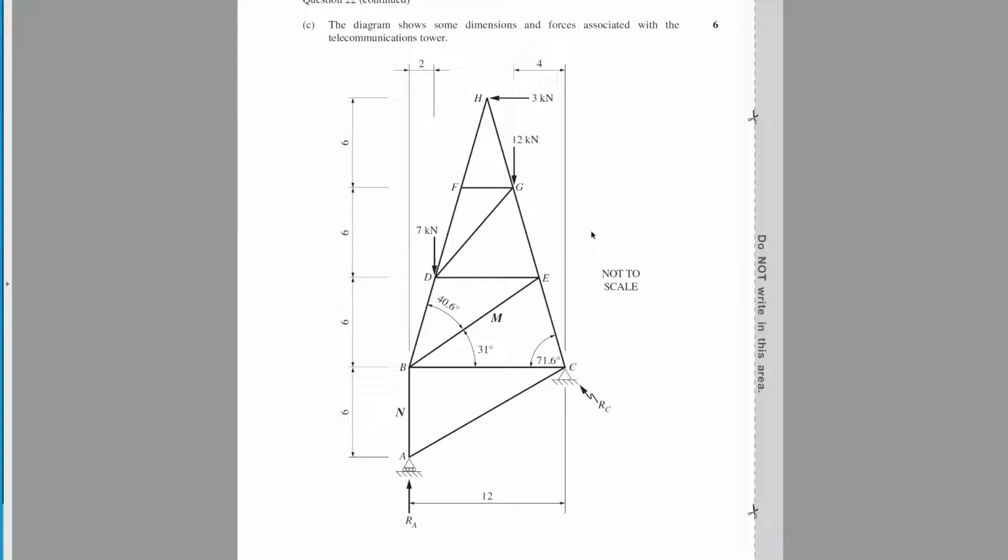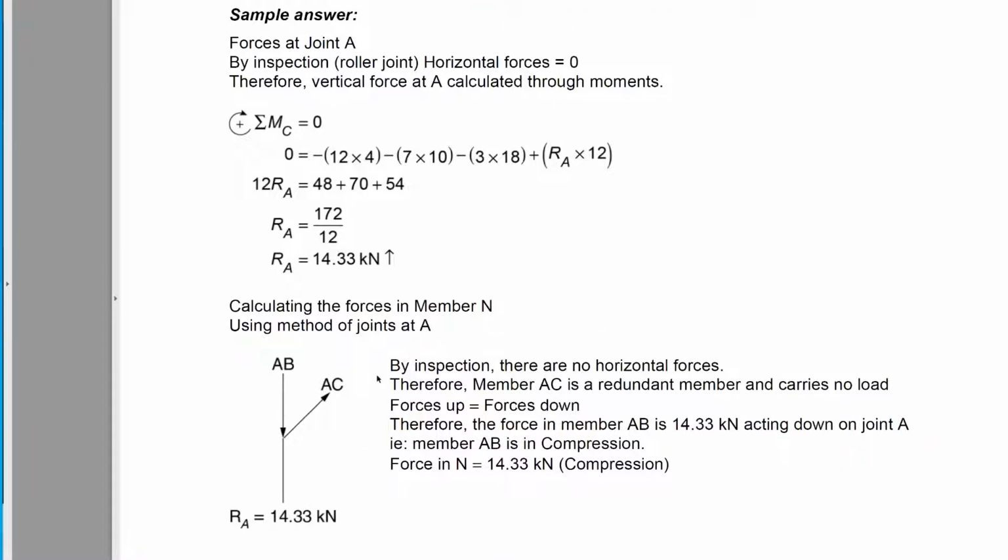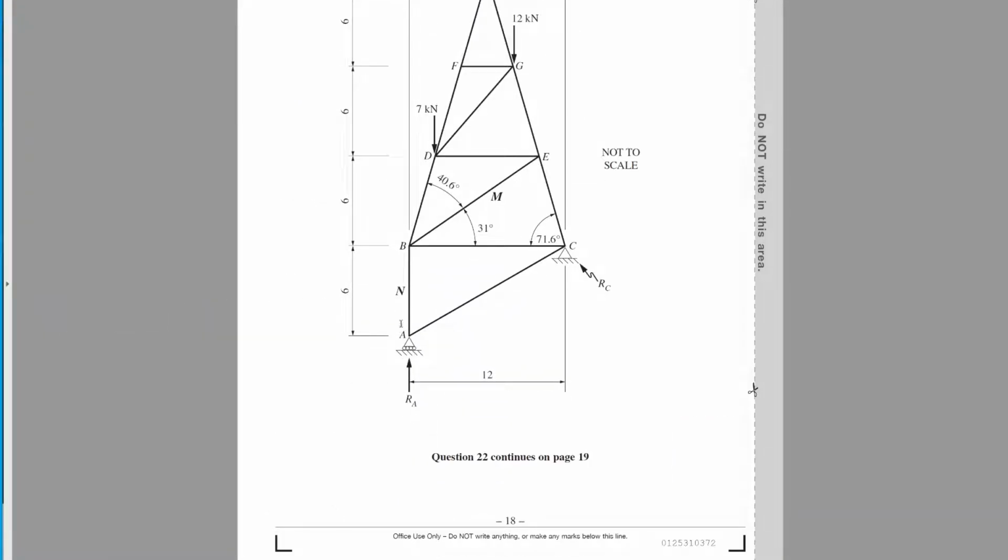The next thing is, once you've found the reaction, so reaction A is 14.3, they want us to then find reaction N. Now, the important thing to note is that reaction A is a roller. If it's a roller, it means reaction A can only have a vertical component. There's no horizontal component side to side. Now, if that's the case, it means that AC cannot have any value in it whatsoever.